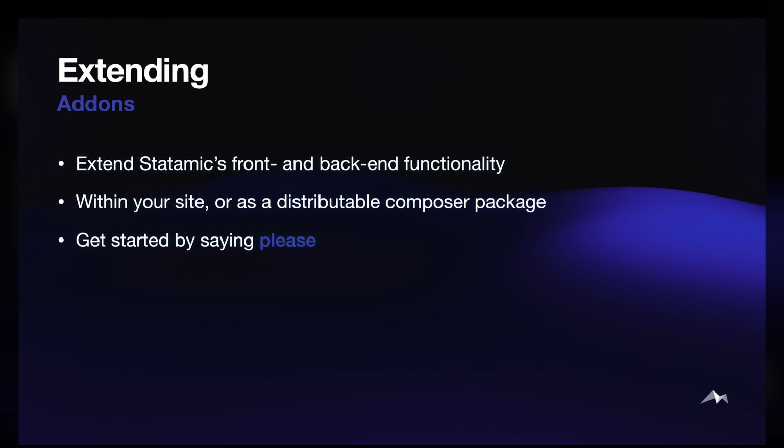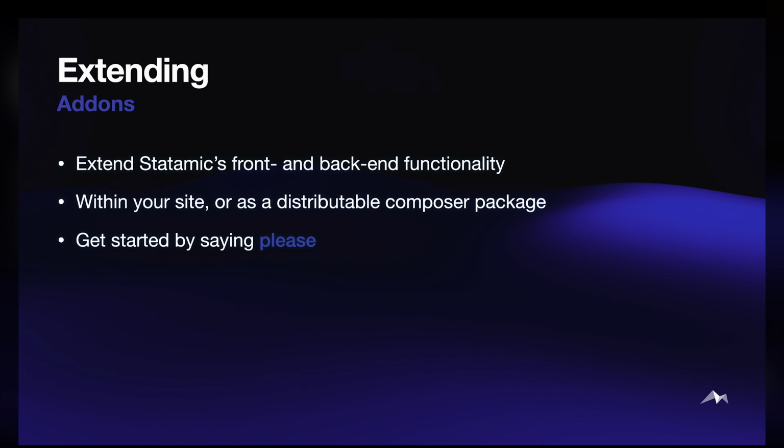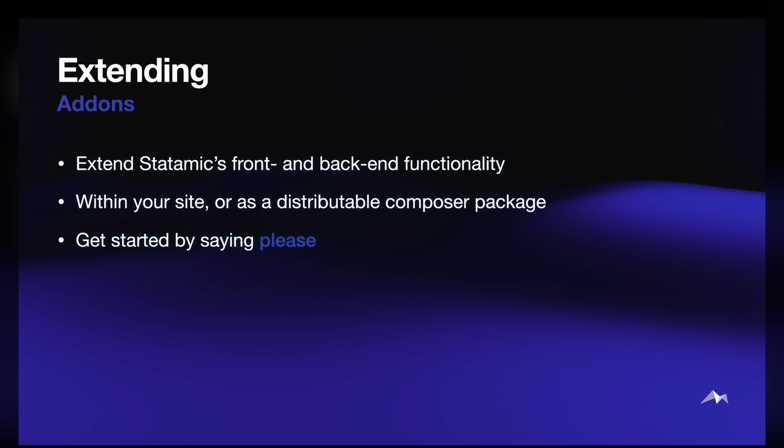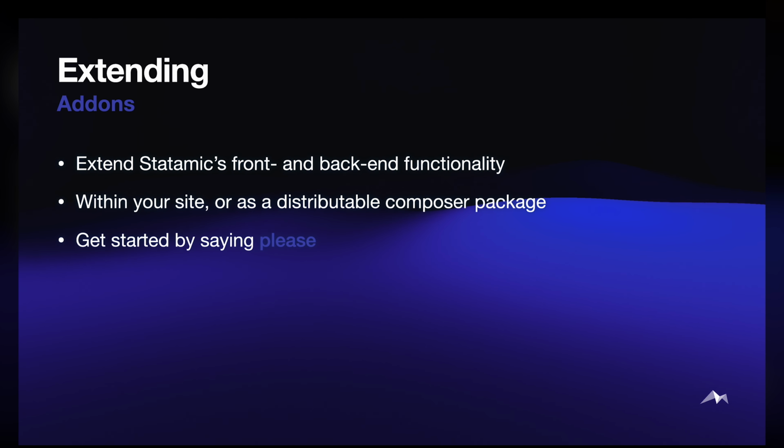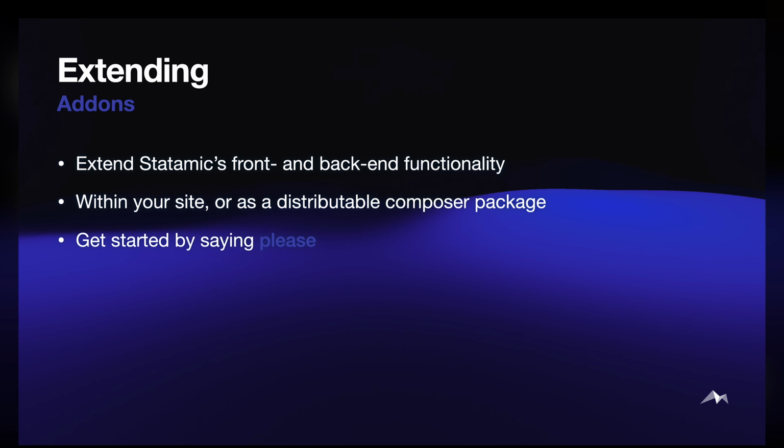And just like Laravel has Artisan, the Artisan command, with Statamic you just need to say please. So PHP please make add-on, and it will step you through the information needed to create your add-on. So yes, it's a content management system, but it's also so much more than that as well.